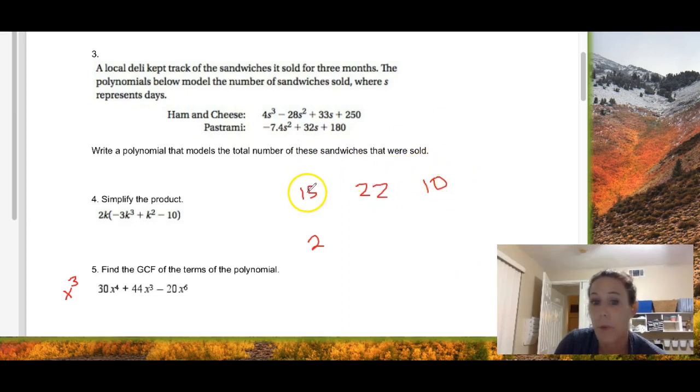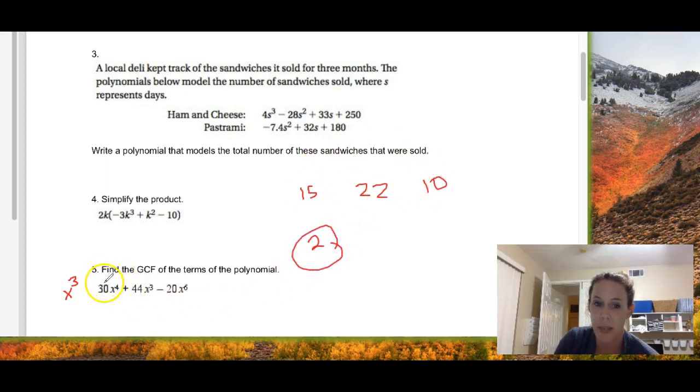No. 3 goes into 15, but 3 doesn't go into 10 or 22. Let's see. 5 goes into 10. We talked about that. 2 goes into 10 and 22, but 2 doesn't go into 15. I can't think of any other numbers. These 3 don't have any other numbers in common, only a 2.